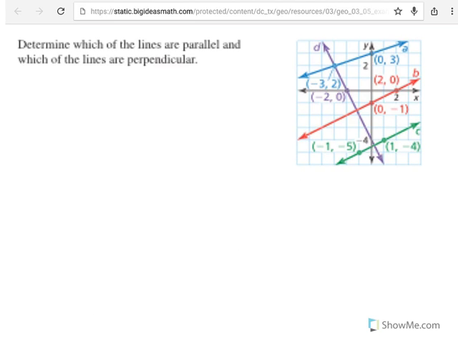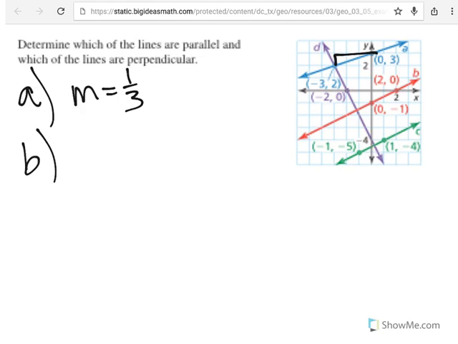For our last example, we're going to determine which of the lines are parallel and which are perpendicular. The easiest thing to do would be to find the slope of each of these lines. So we need the slope of A. If we count, we get up 1 over 3. So the slope is 1 over 3 for A. On B, we count up 1 over 2. So the slope is 1/2.